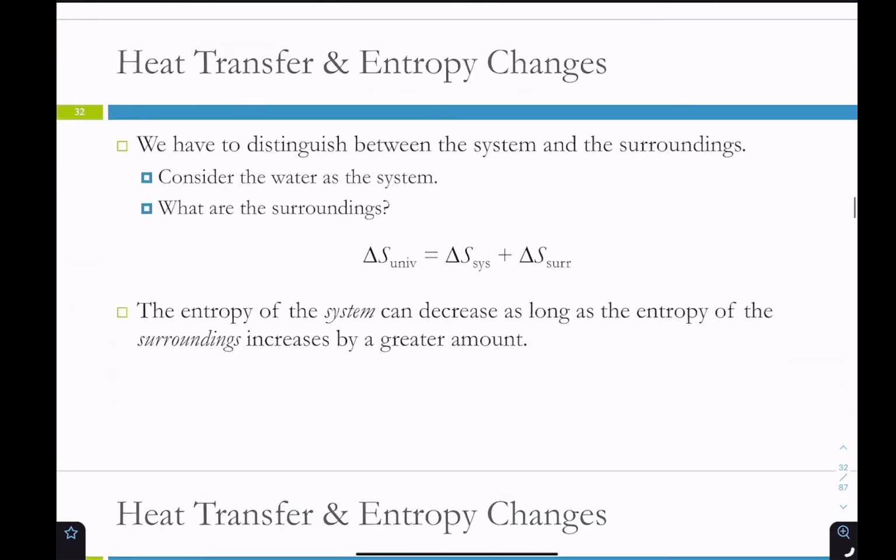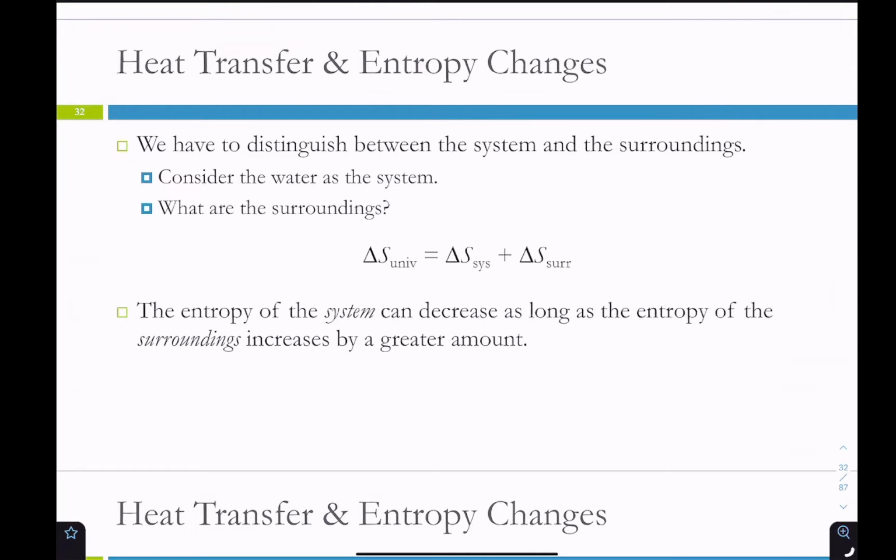So we can relate the entropy of our system to the entropy of the universe by including the entropy of the surroundings. If we do something to our system that changes the entropy, how does that affect the surroundings? And how do those two things together affect the entropy of the universe?